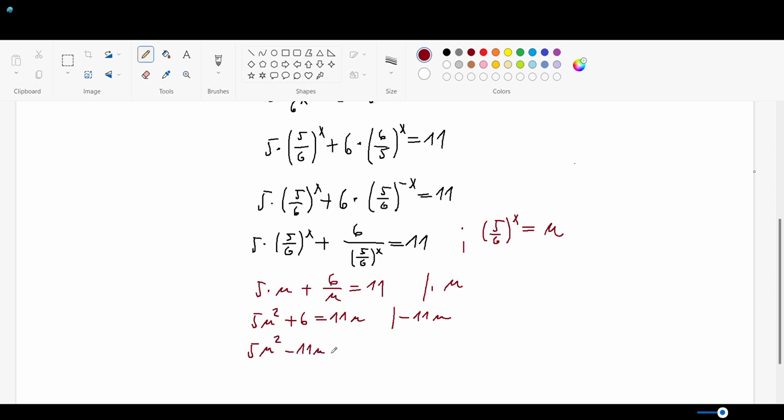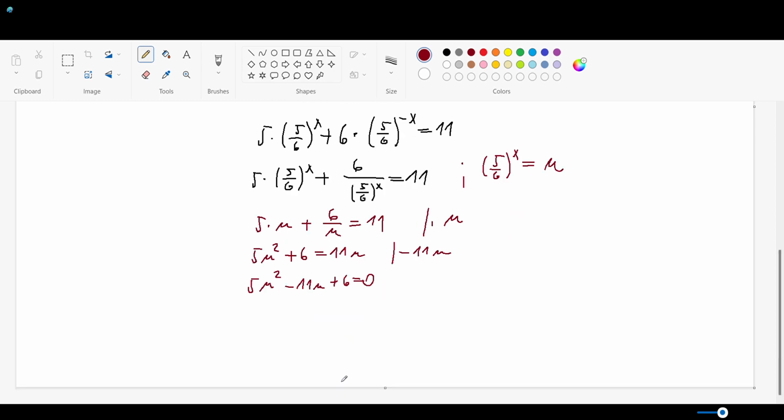So 5 times u squared minus 11u plus 6 is equal to 0. Let me just speed up the process here, and you just use whatever method you want. You will come to the results that u is equal to 1 or u is equal to 6 over 5.